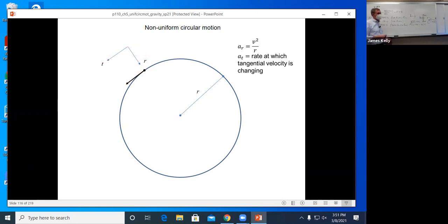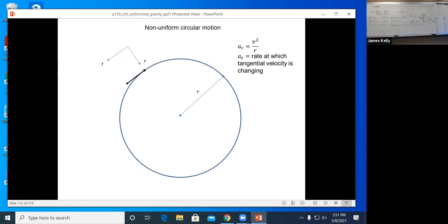So we might call the two axes I've drawn here, I could have labeled them x and y, but I've oriented one along the inward radial direction. I called that the r axis, and one along the tangent direction to the circle. I call that the t-axis. And I believe that's somewhat similar to what Giancoli does.